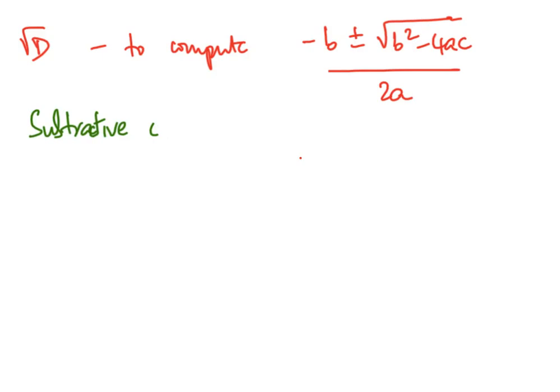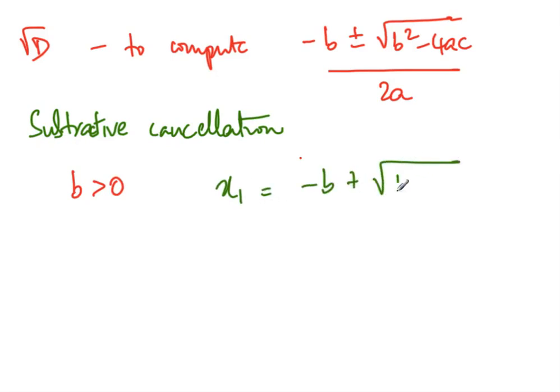So here the difficulty is that in the numerator we have things which are of opposite sign. If b is greater than 0, then x1 involves minus b plus the square root of b squared minus 4ac. This is a positive number, but minus b is negative. So now the numerator has cancellation; I have a cancellation possibility here.